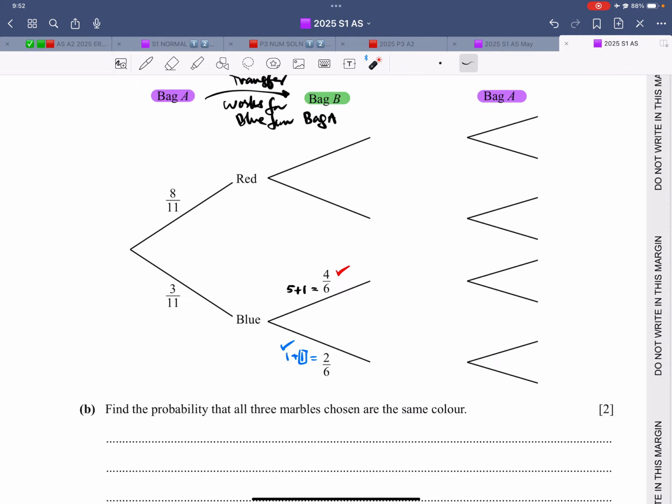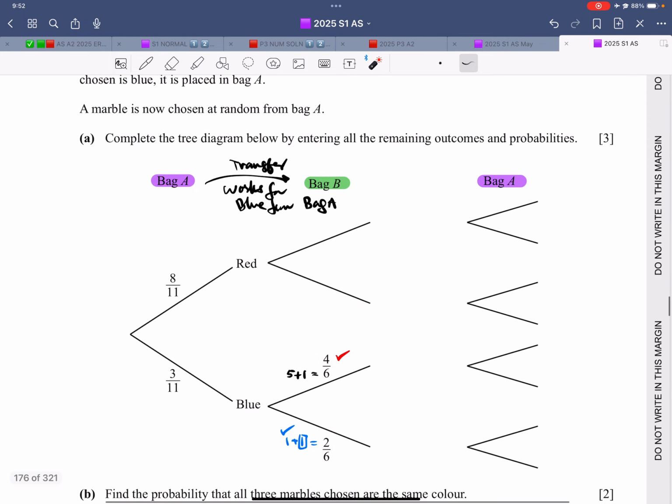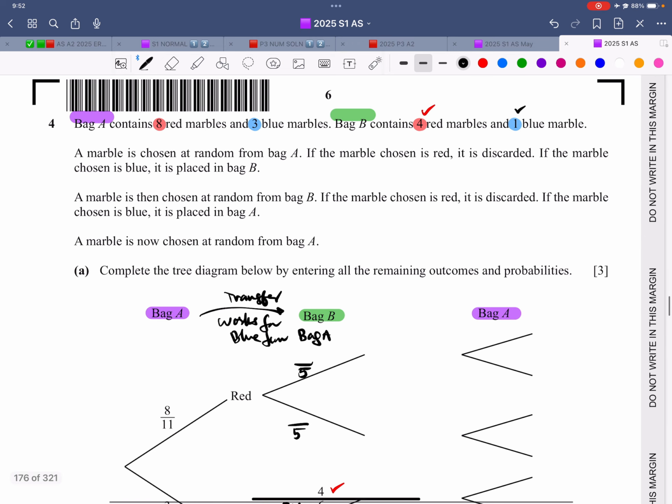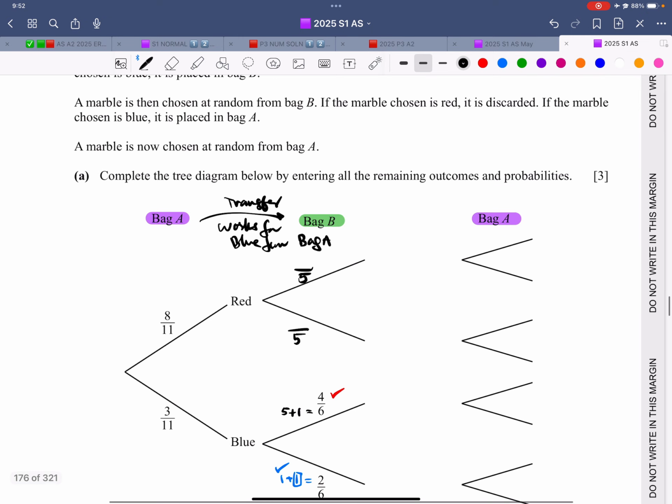And we also know that if this is 2 over 6, this has to be 4 over 6, 1 minus that. Now when we are choosing red, nothing changes. So now the denominator over here is 5, because you're not adding anything. And this is simple. This is 4 red, 1 blue. That is the first thing that you need to fulfill.